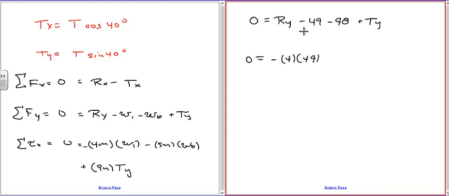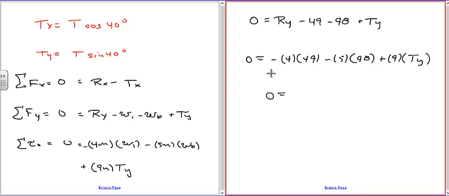So we don't put negative 49 because this is reflecting the direction in terms of the y direction, but the weight is positive. Then we have minus 5 times 98 plus 9 times t sub y.